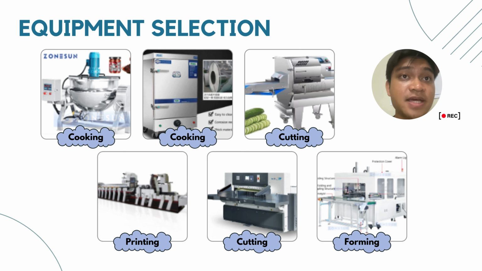We have the industrial mixer or industrial cooker. Why do we use this industrial one? Since we want to make a large volume of production. If we use the simplest or small cooker, we cannot achieve the right quantity or the right capacity that we want to produce in a batch or in a day.